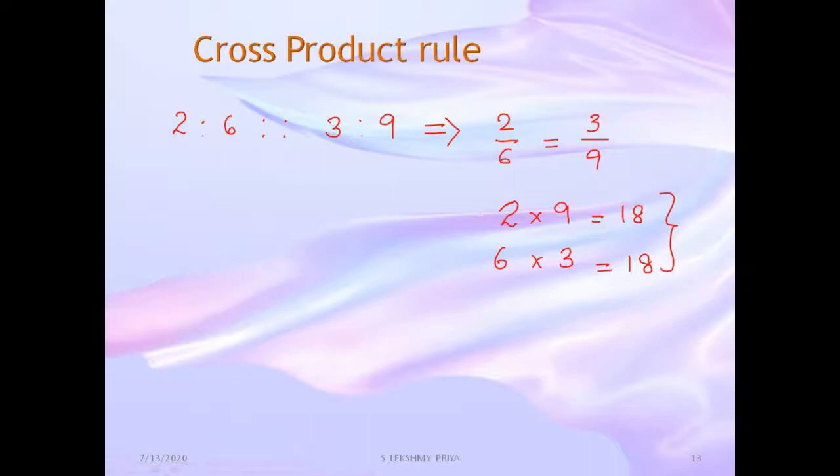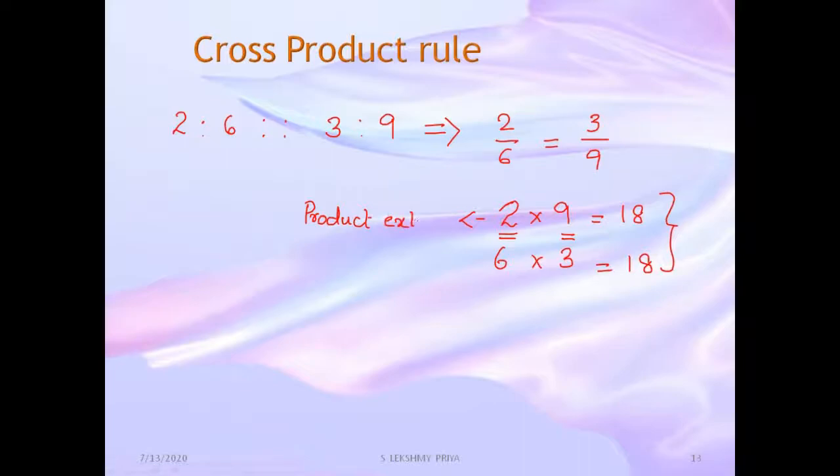Now let's see one similarity. From the proportion statement, 2 is the first term and 9 is the last term or the fourth term. So here actually we find the product of first term and the last term.